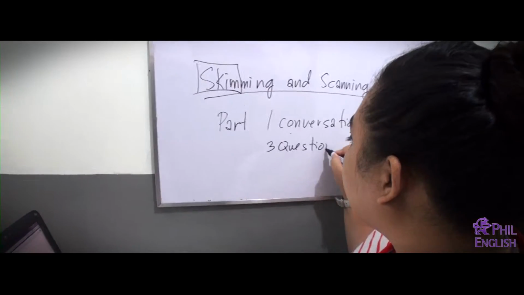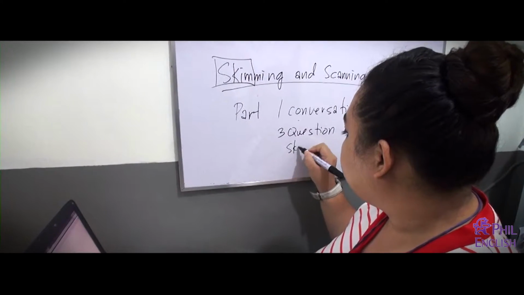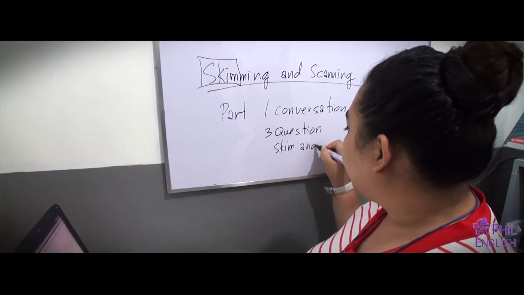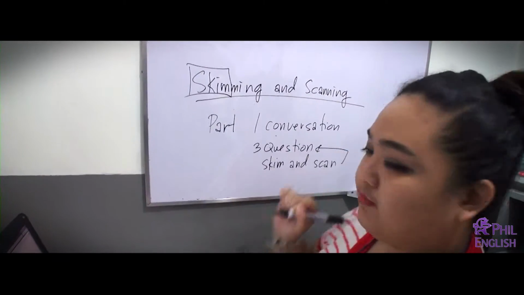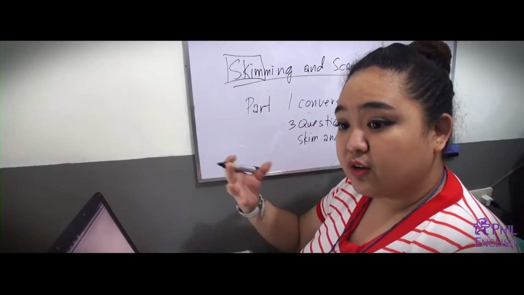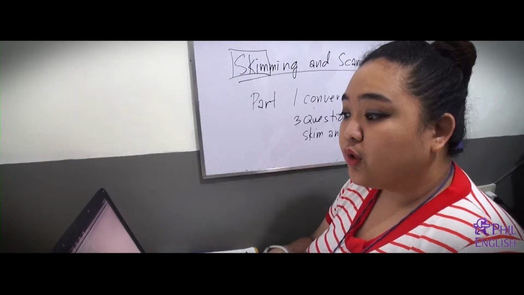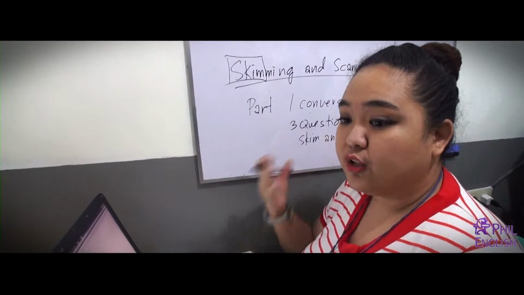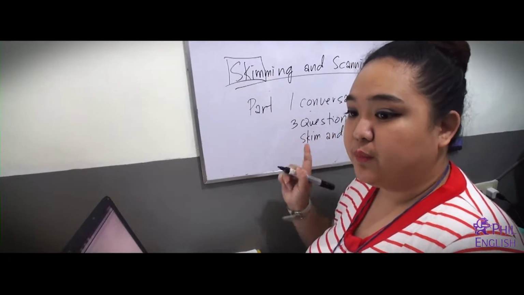So before you listen to the conversation, you have to skim and scan the questions. Alright? So you have to read them first. You have to read the options so that you can have an idea what you need to find in the audio file. So that is skimming and scanning for Toeic Part 3.